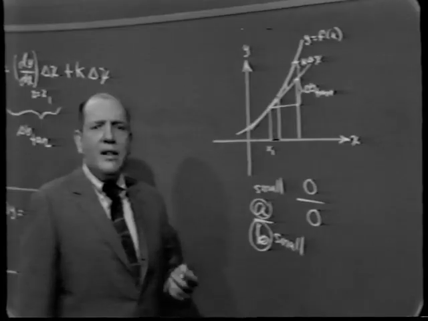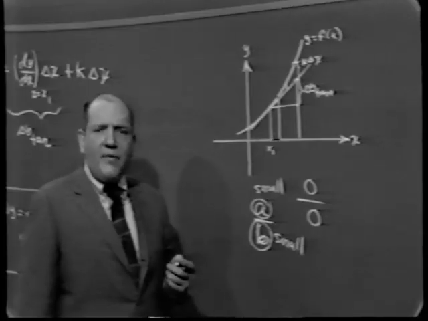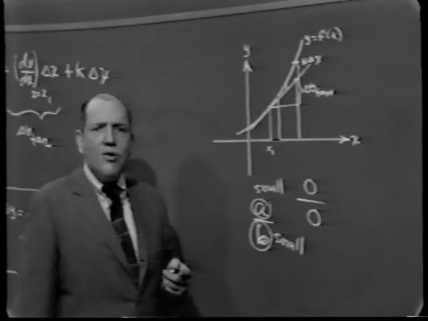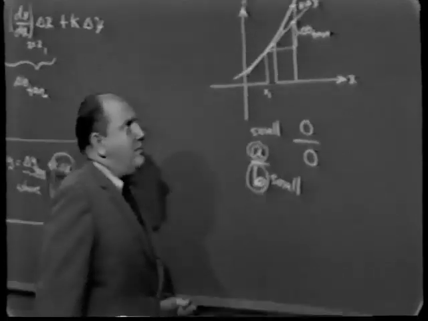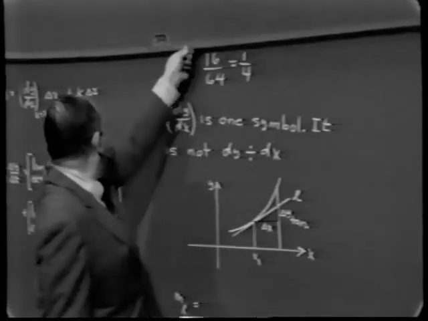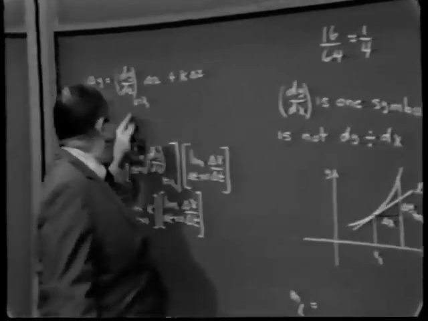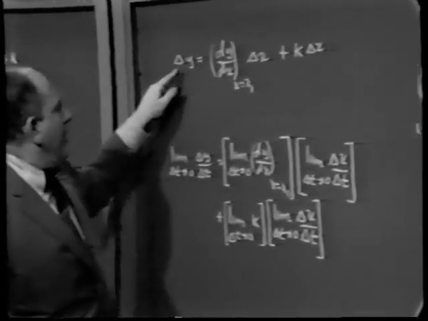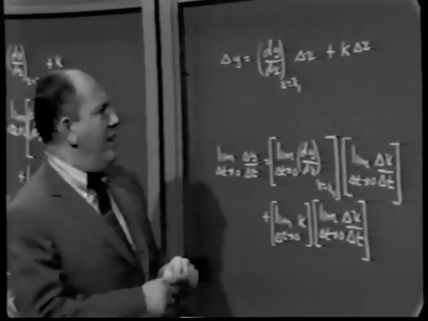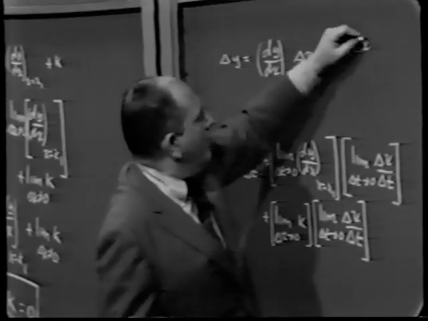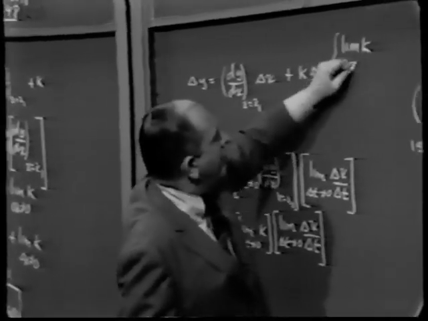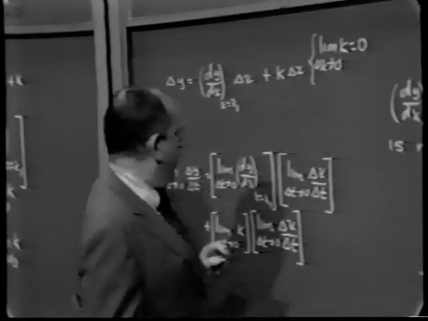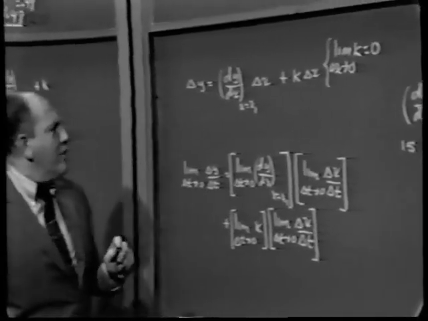Let me jump ahead to the topic that will be covered in our next lecture, just to use this as an insight as to what we have to see and what's going on over here. Let me just show you what I mean by this. Let's go back to our recipe, which says delta y is this thing over here, where, and this is important to put in here, the limit of k as delta x approaches 0 is 0. Now, all we're going to do is something like this.